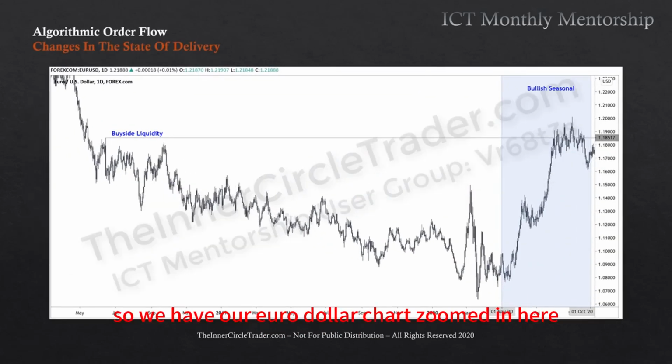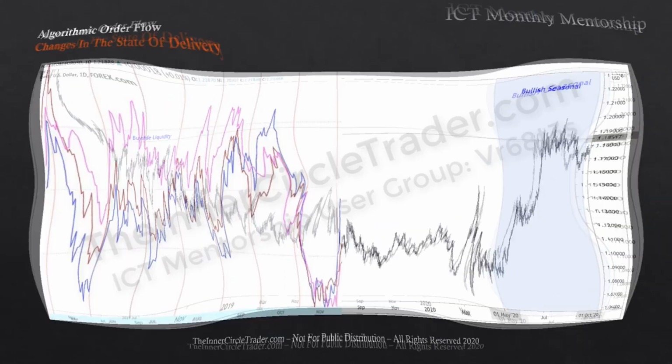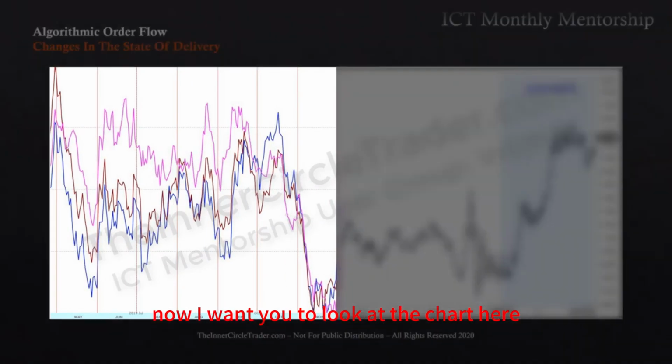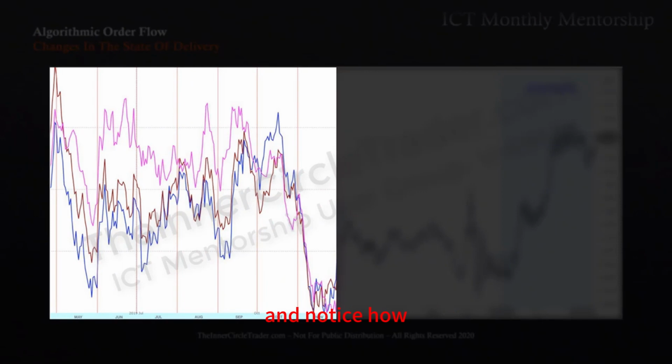All right, so we have our euro dollar chart zoomed in here. This is a daily, and I'm showing you a specific time when we had a bullish seasonal tendency, and I'll let you see that here. All right, so there's your seasonal tendency. Now I want you to look at the chart here and notice how between May and October it has an unwillingness to go lower.